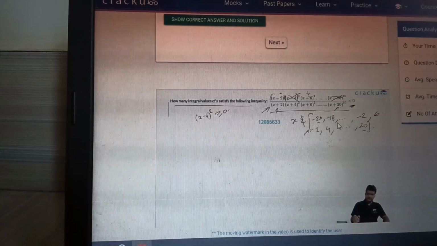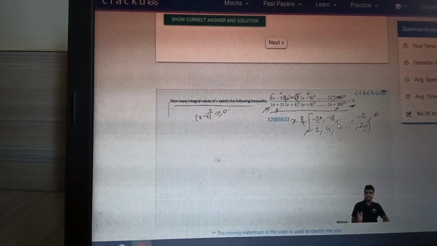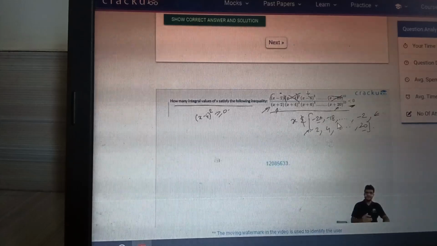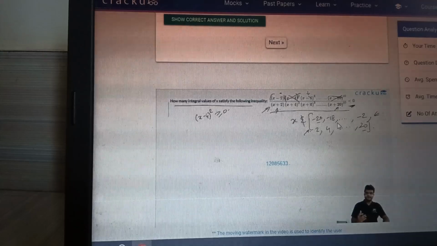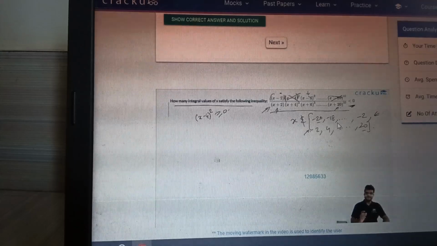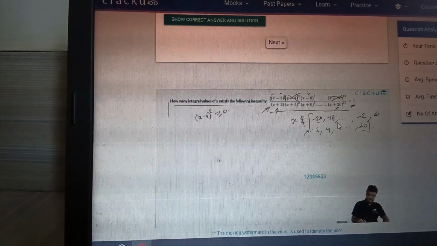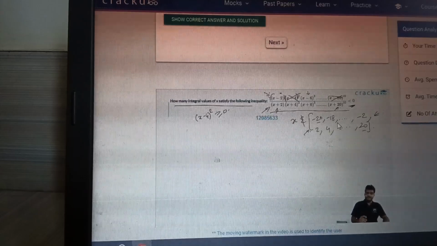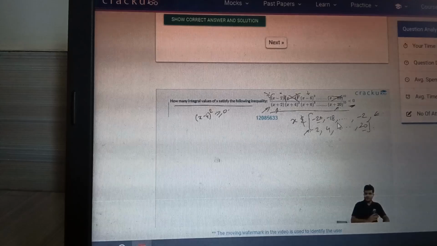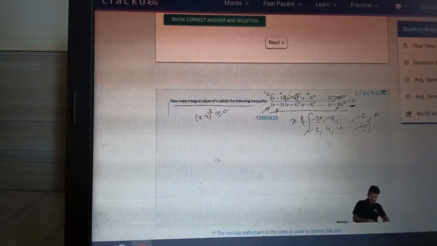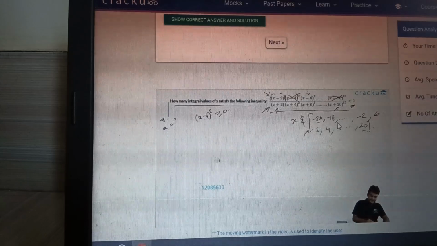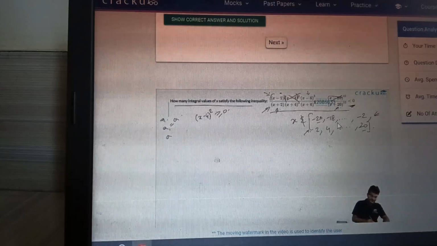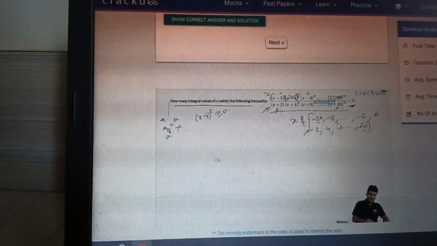Similarly, (x minus 6)^3 can be reduced to x minus 6, because (x minus 6)^3 is x minus 6 into (x minus 6)^2, but (x minus 6)^2 is to the power of an even number, so we can again ignore it as it will always be greater than 0. So if you remove all the even powers, and if there is a term of the form a to the power 9, we are reducing it to a, and if it is a to an even power, say a to the power 8, we are completely ignoring it.